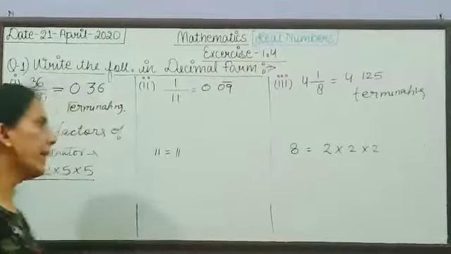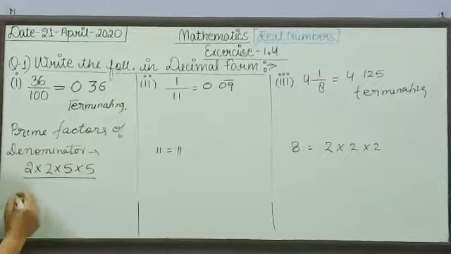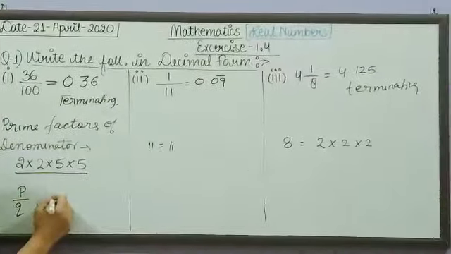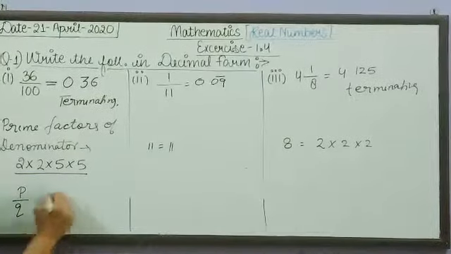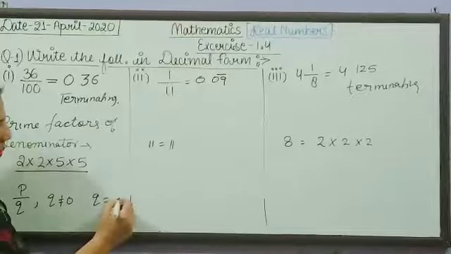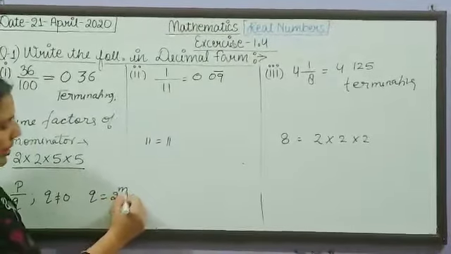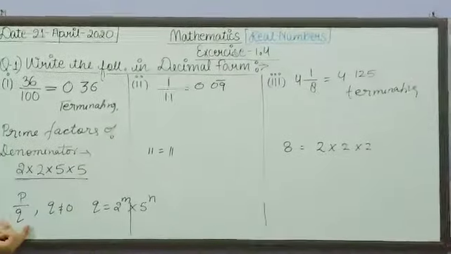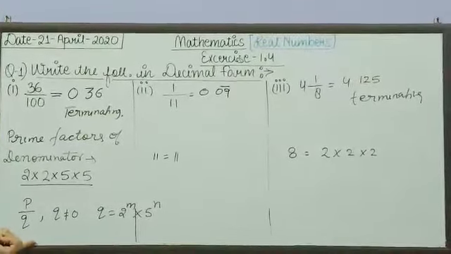So, we can say that if in p by q form, where q is not equal to 0, q has prime factors of the form 2 raised to the power m into 5 raised to the power n, then this is a rational number which terminates.